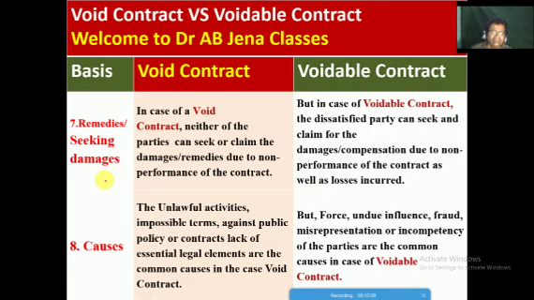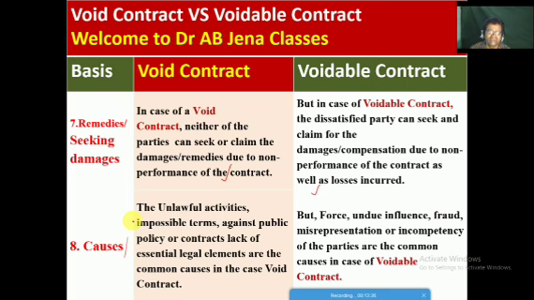Next one, remedies or seeking damages. In the case of a void contract, neither of the parties can seek or claim damages or remedies due to non-performance of the contract. But in the case of a voidable contract, the dissatisfied party can seek and claim damages or compensation due to the non-performance of the contract as well as the losses incurred.